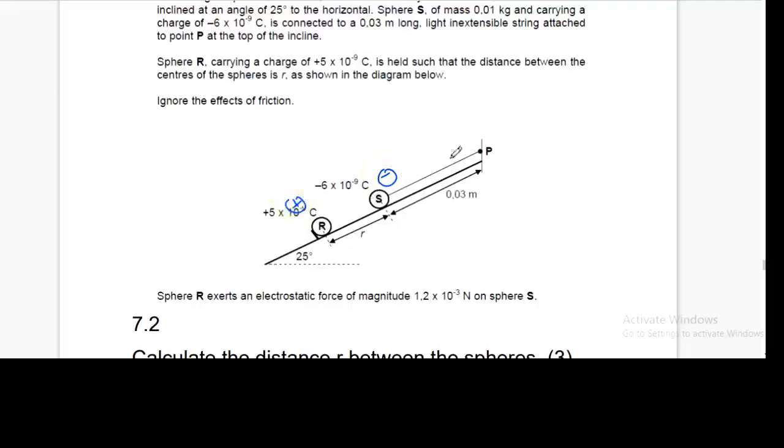With respect to P, the field lines on this side go inwards, and here they go outward. This one goes up the incline, this one down the incline. We said up the incline is positive, and down the incline is negative.